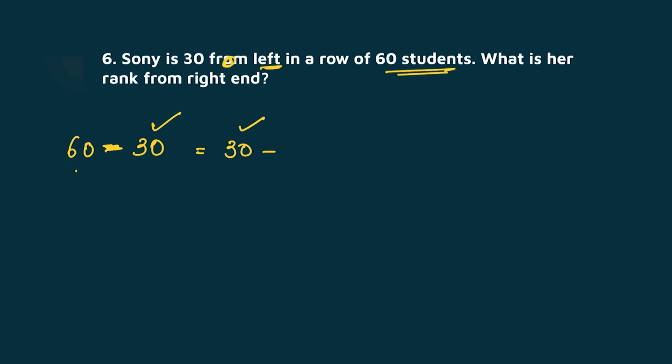So including Sony, you have to add 1. Now this will be the position of Sony when she is counted from the right end. So when she is counted from right end, she will be in 31st position, 31st rank.